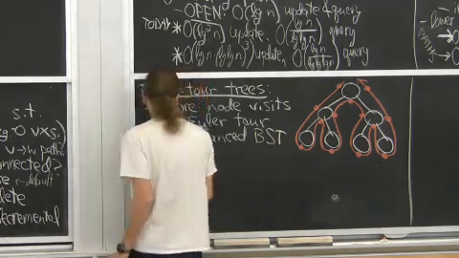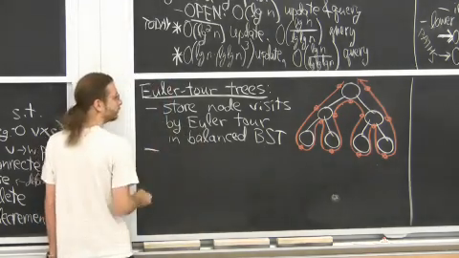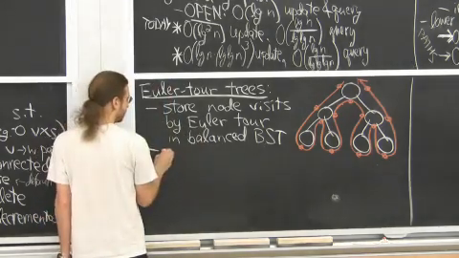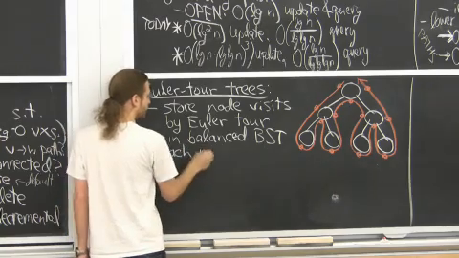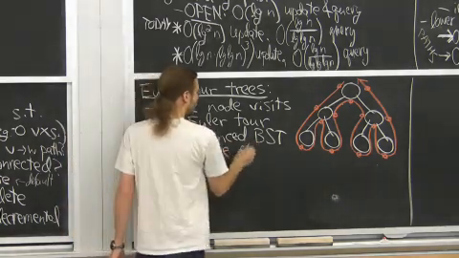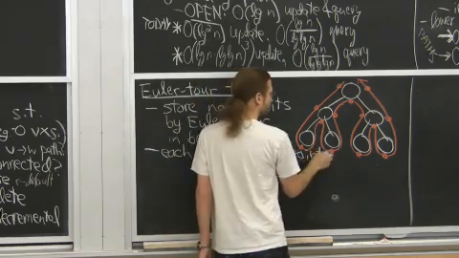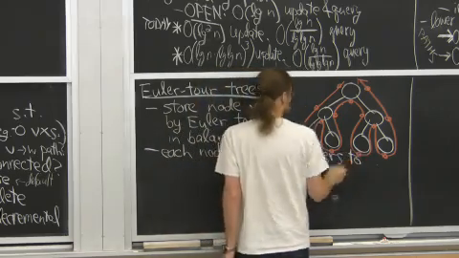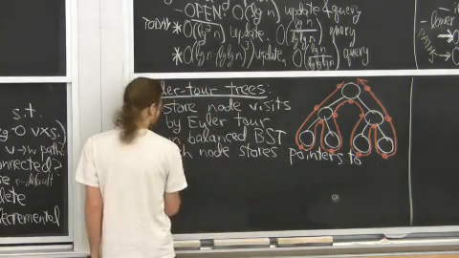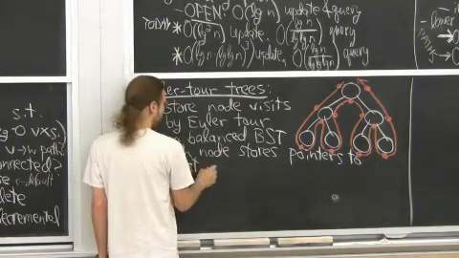But there's one more thing we store, which will let us do essentially whatever we want. Each node stores two pointers into this structure, to the first and last visit.